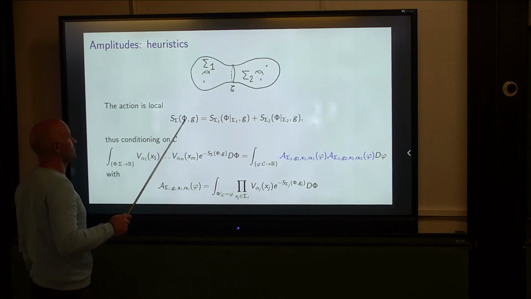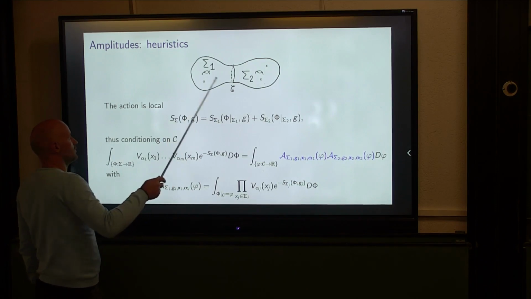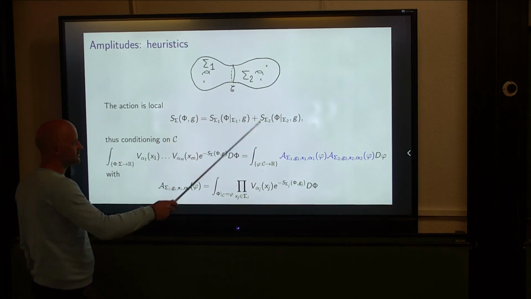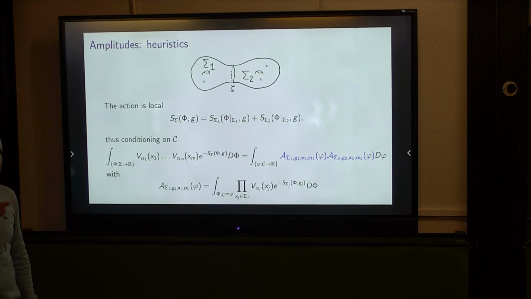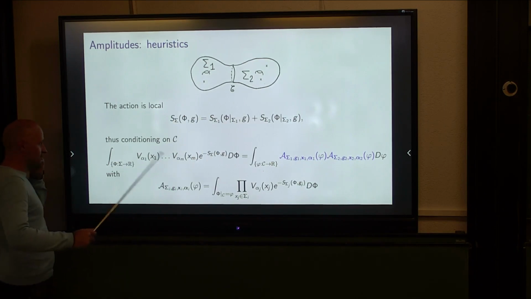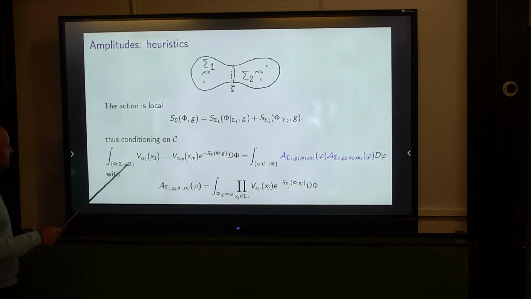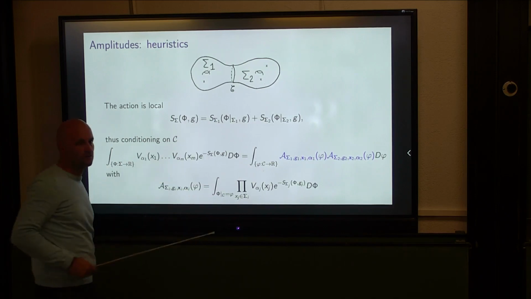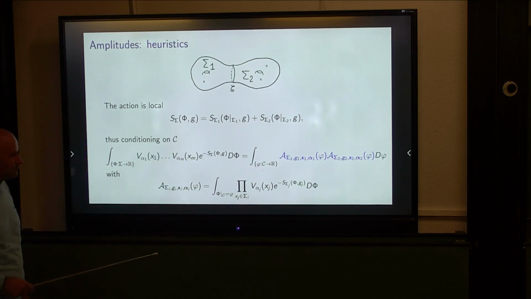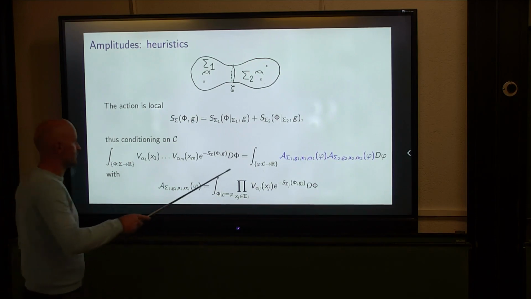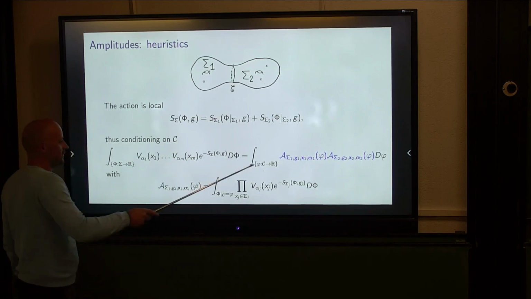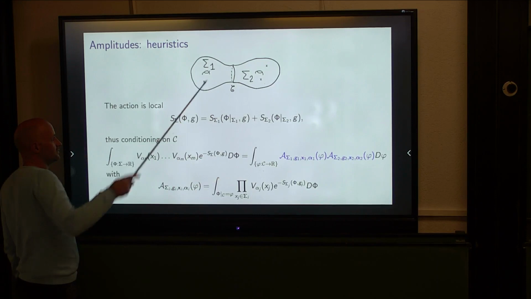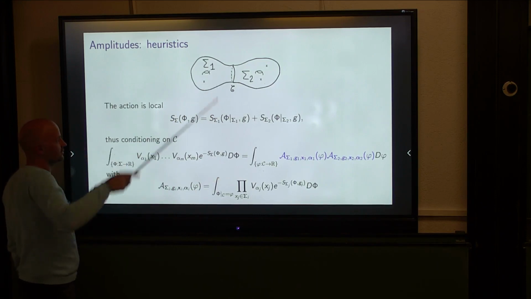This means that the Liouville action on the whole surface splits into the action on each part of the manifold. So if you disintegrate your measure, here the path integral where you integrate over the whole manifold, you can disintegrate this measure with respect to integration along the circle. It's just a condition on the values of the capital phi along this circle here.